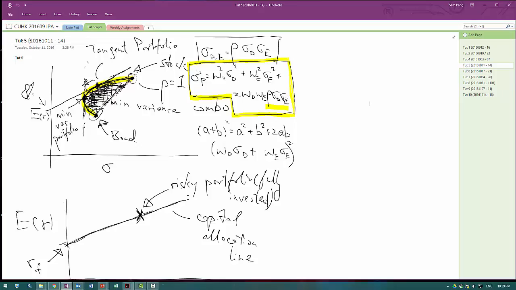That's the idea. Now, this idea may work when you split your cash into two assets. So you have $100. Instead of investing $100 in A, you invest some in A and then you invest some in B.